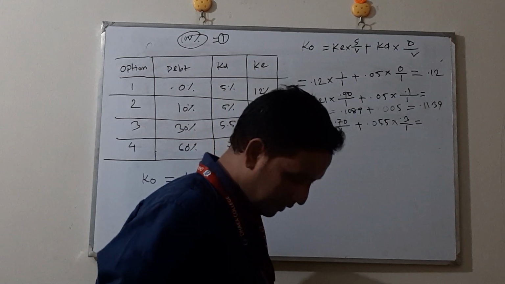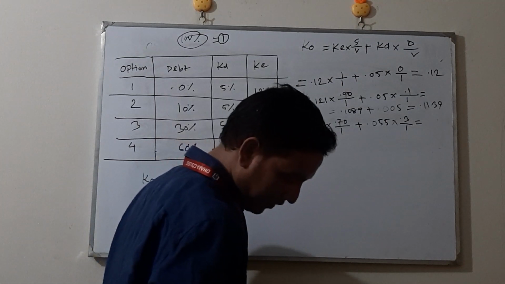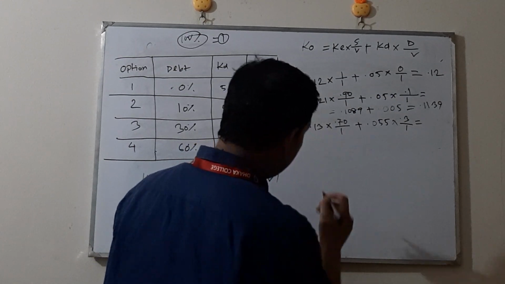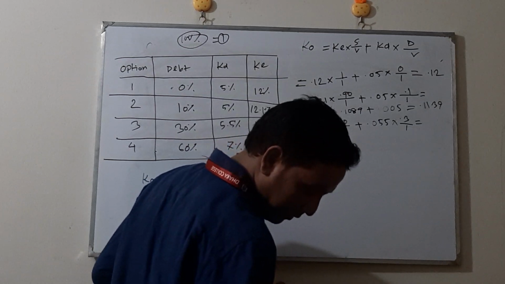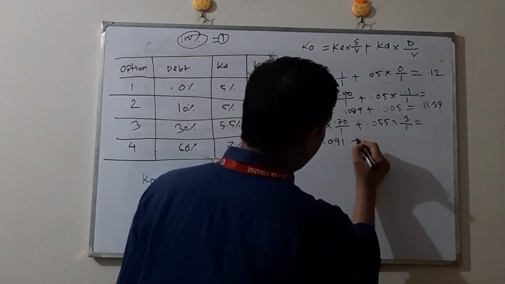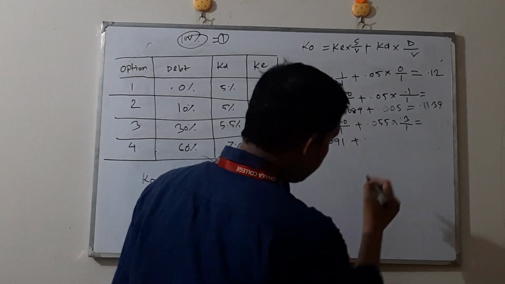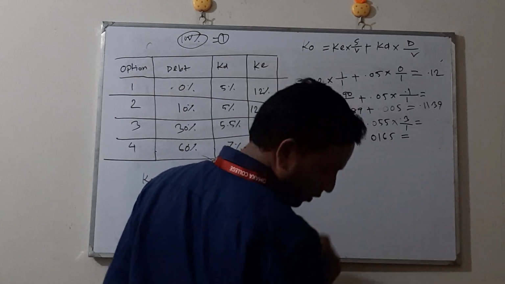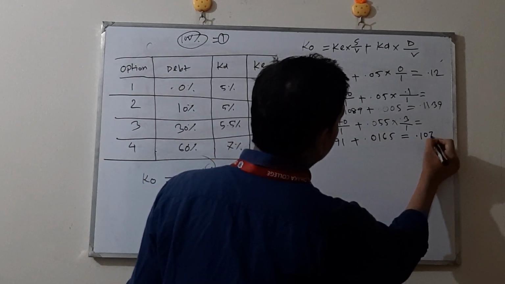So 0.7 into 0.13 equals 0.091, plus 0.0165, equals 0.1075.